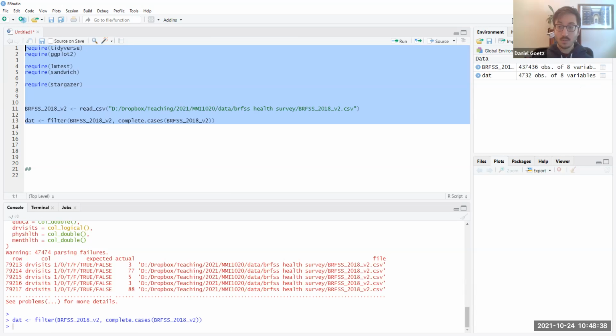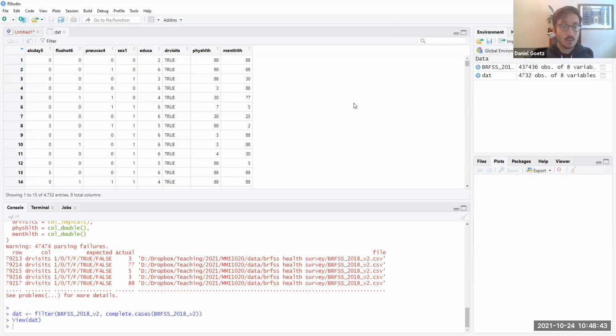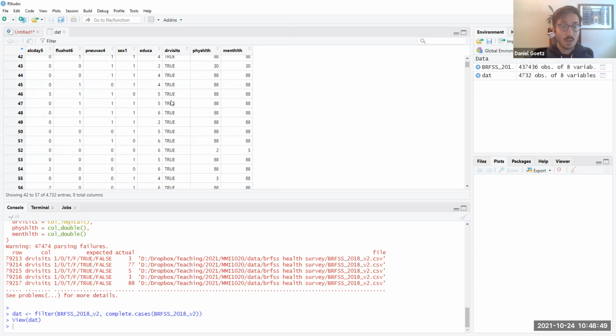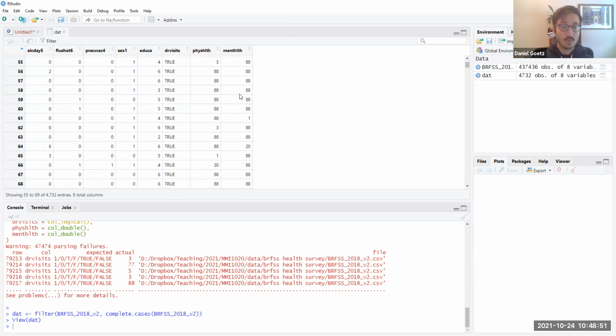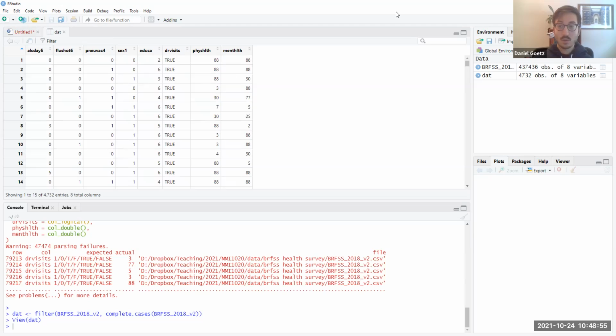Okay. All right, so here we have our data: ALCDAY5, flu shot, doctor visits, etc. Okay, cool. You do notice that we dropped quite a bit of data here.